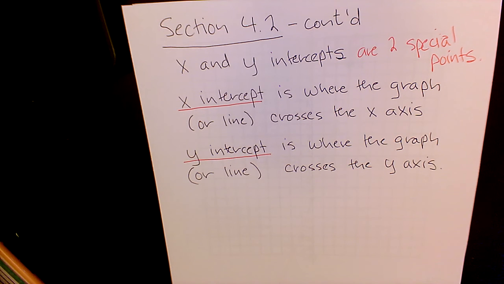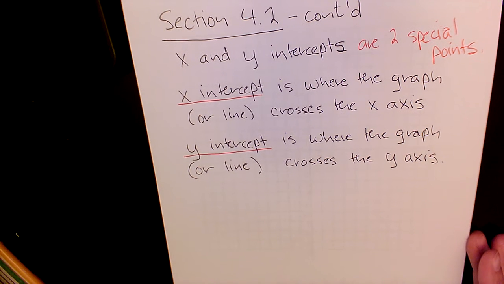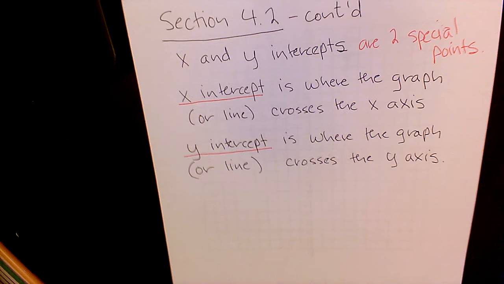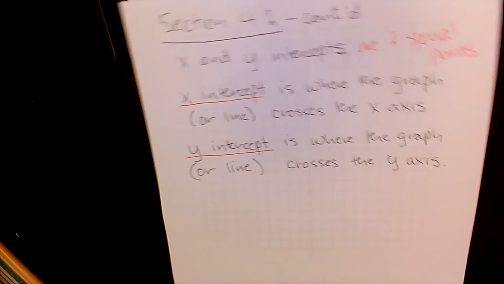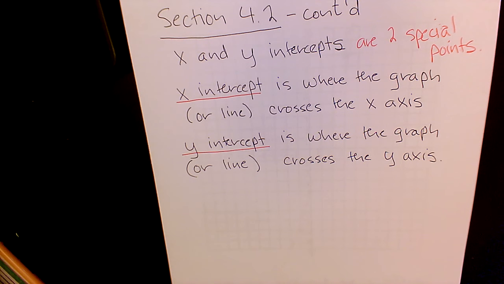Okay, so why they're special is because the x-intercept is where the graph or the line, as we just saw when I graphed those 2 points, what came out to be a line. So we're looking for where that line or that graph crosses or hits the x-axis.